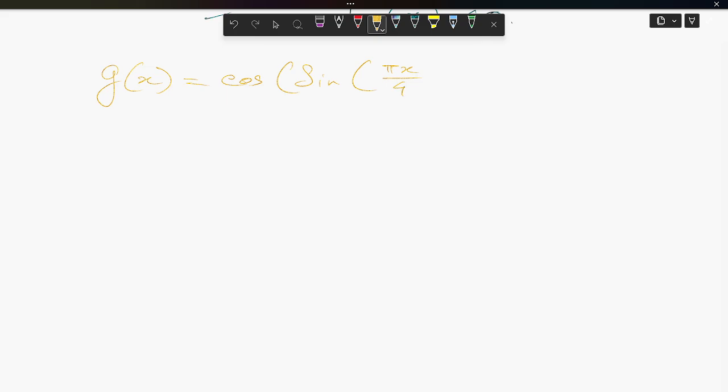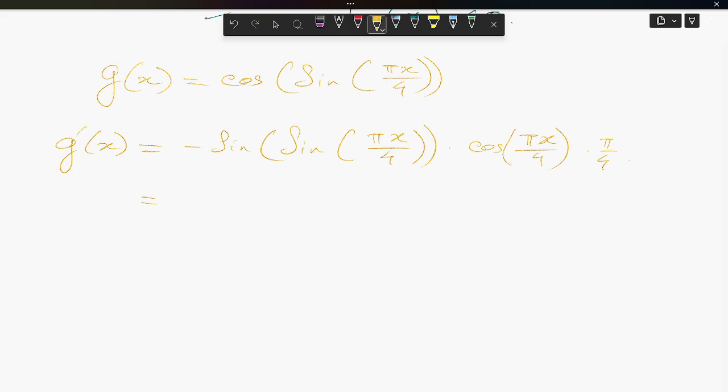Now we are going to think about our g(x), which is cos(sin(πx/4)). Our g'(x) will be minus sin(sin(πx/4)), as the derivative of cos is minus sin. Then in the chain rule, we compute the derivative of sin(πx/4), which is cos(πx/4), into π/4.